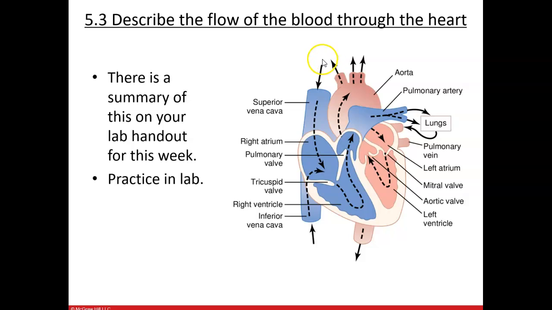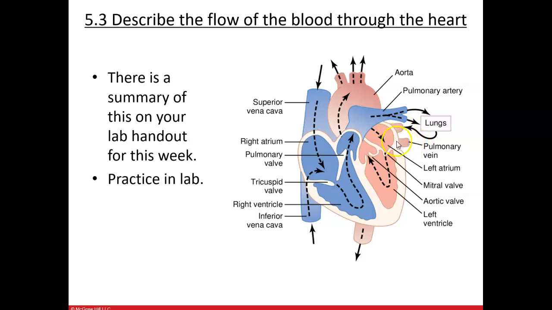Deoxygenated blood enters the heart through the superior and inferior vena cava into the right atrium. It then flows through the right AV valve, also called the tricuspid valve, into the right ventricle, out through the pulmonary valve to the pulmonary arteries, to the lungs, where it picks up oxygen, returns to the heart in the pulmonary veins.